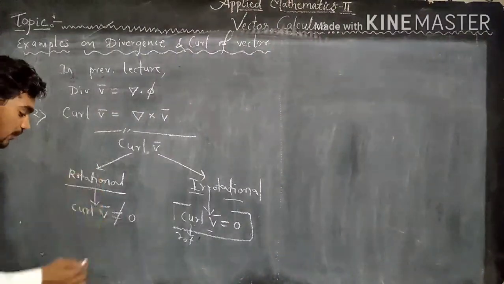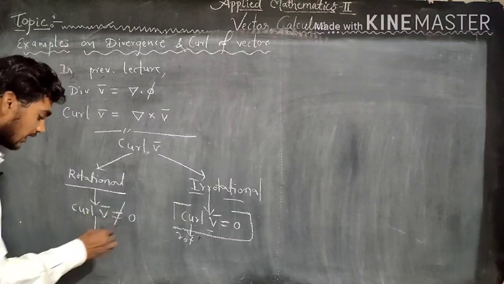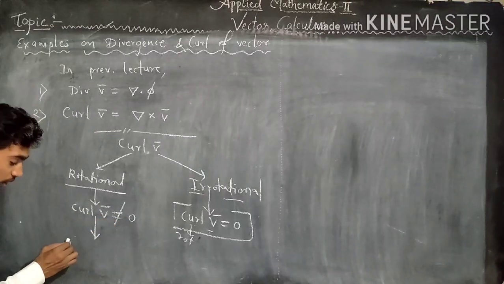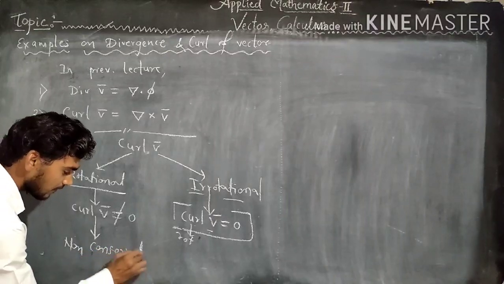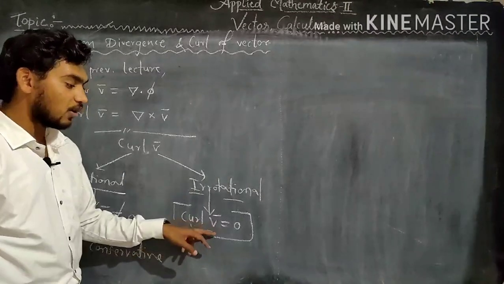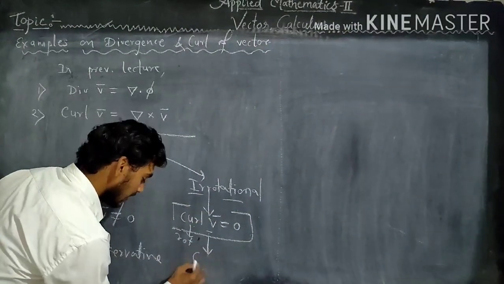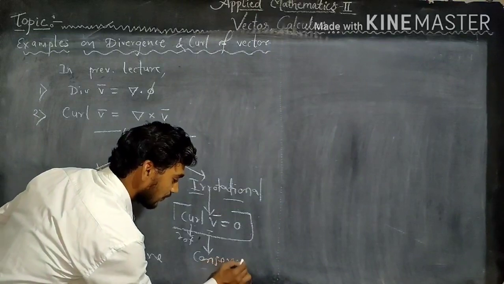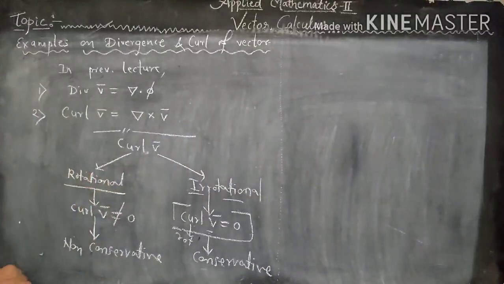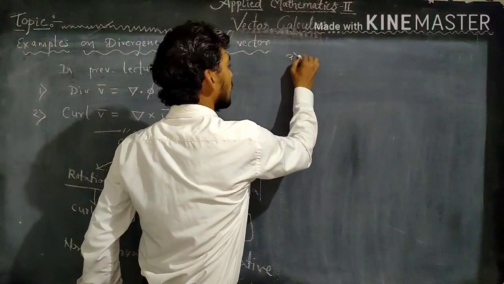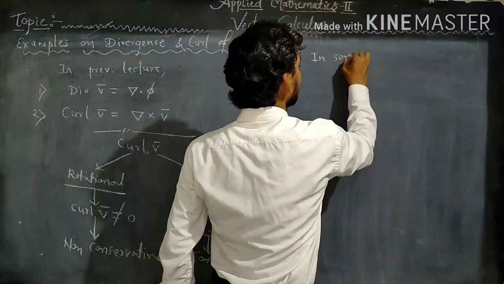Also, one more important point, if curl of a vector is non-zero, then it is non-conservative, and if curl of a vector v equal to 0, then that field is conservative. So that is a very important point. Now, third most important point we will see in some example.